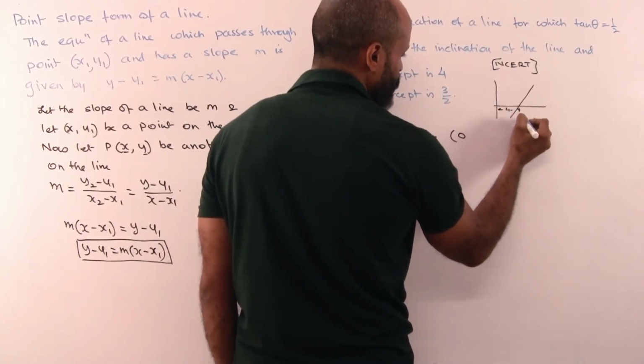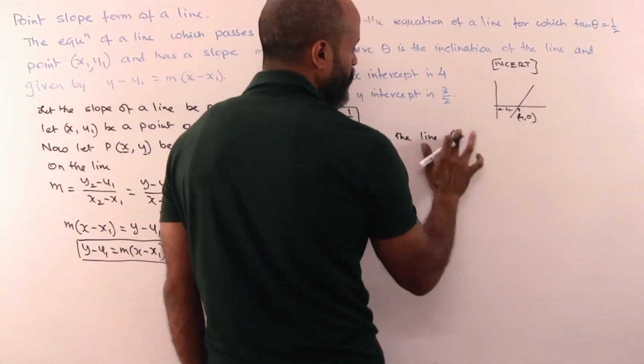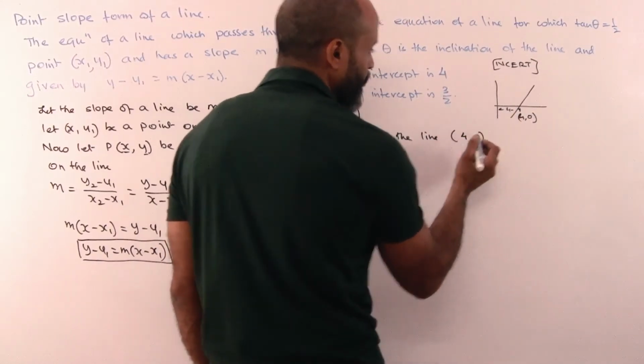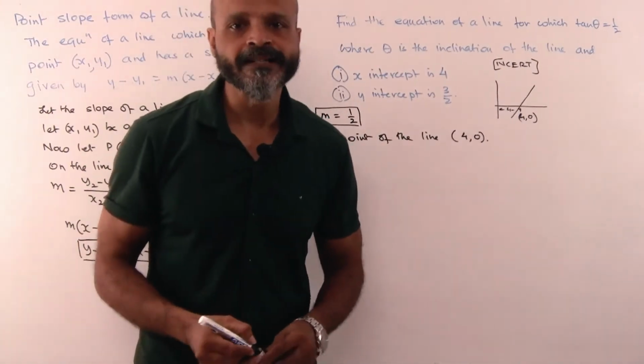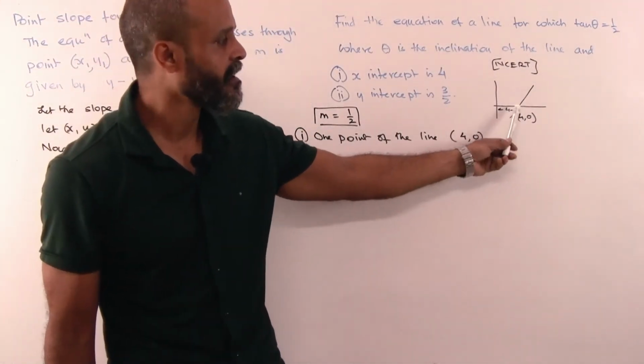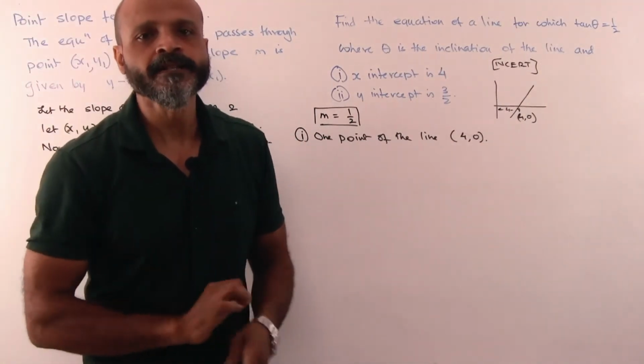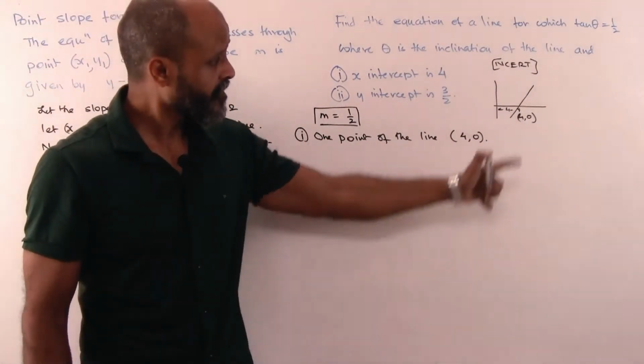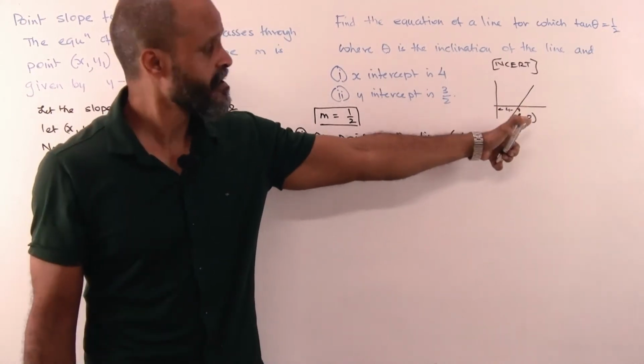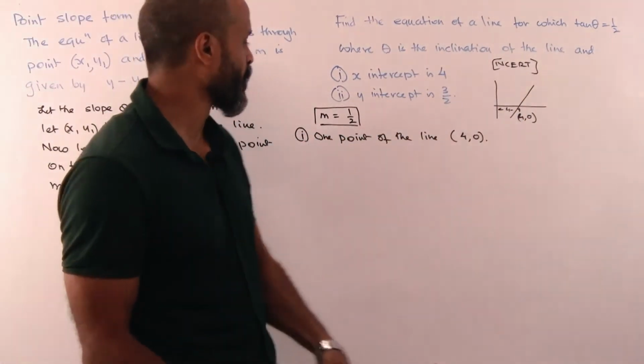The coordinates of this point will be 4 and 0, because when we talk about x intercept, the y part on the x axis will always be 0. X intercept basically means the intercept of the line with the x axis.